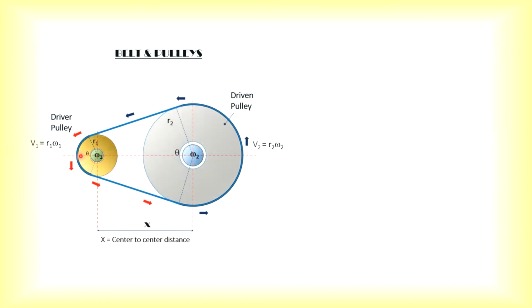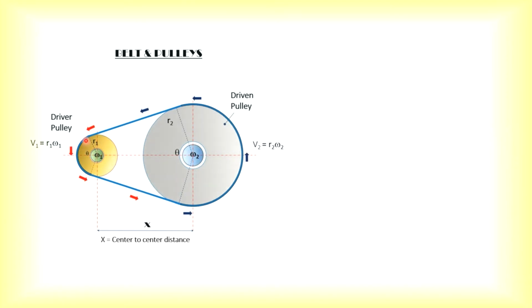Theta here is called the angle of lap or the angle of wrap. From the geometry of the figure, both the thetas must be equal. So what is the angle of lap or angle of wrap? When you refer to the smaller pulley, as you can see, the belt laps over the pulley from this point to this point.